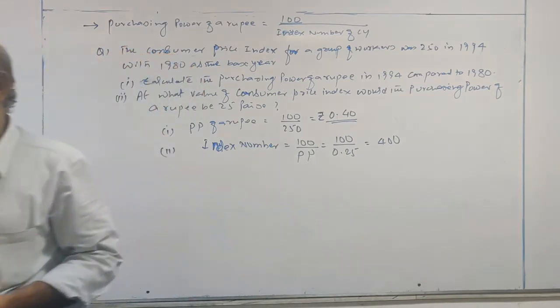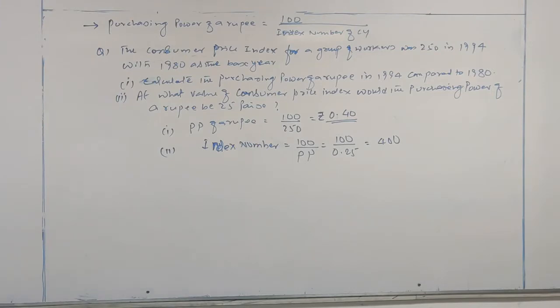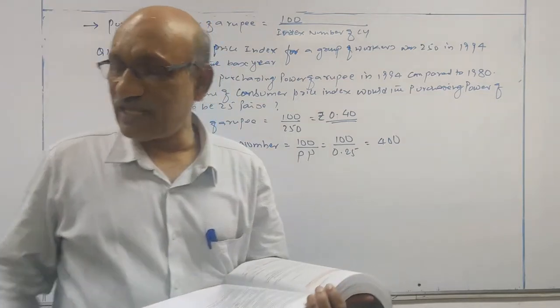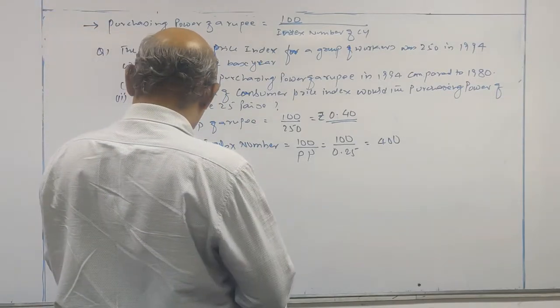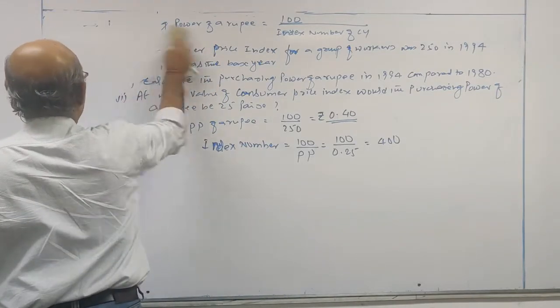Fine. Now, based on this model, let us see the ICAI question, that is question number 92.